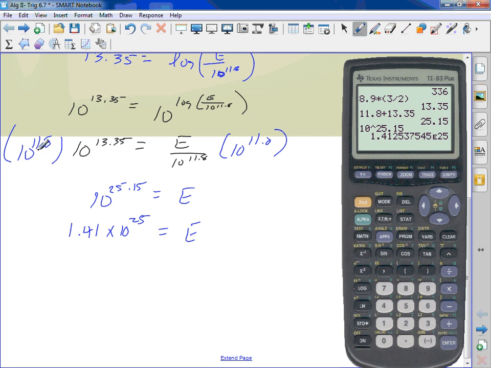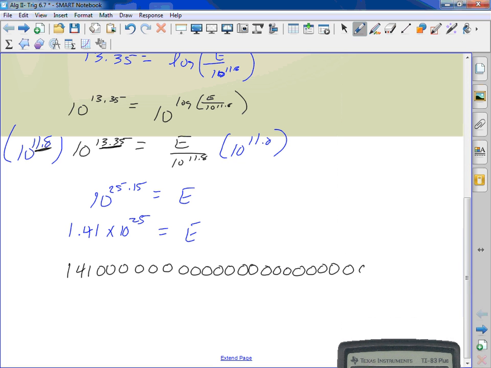The 11.8 and the 13.35, that's how I get the 25. Well, I rounded, so there wouldn't be zeros all in here. This is how much energy was released in ergs.